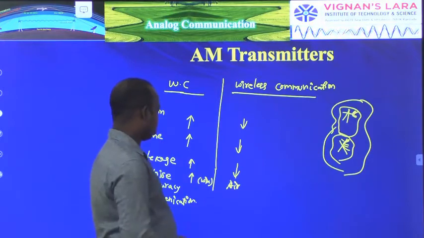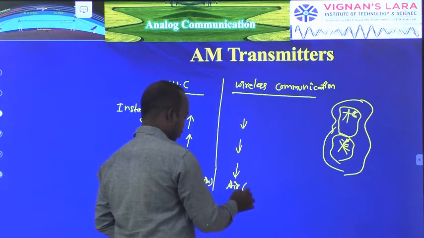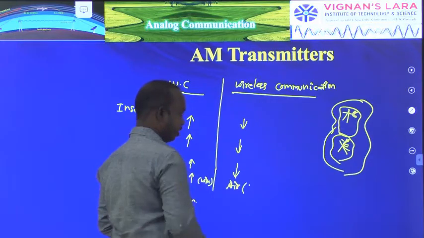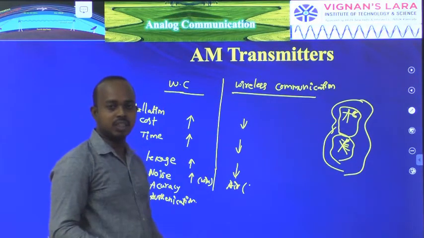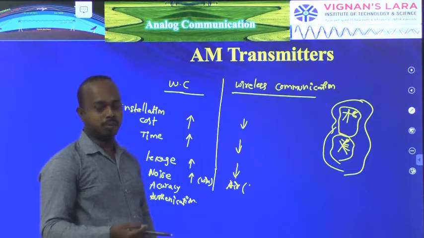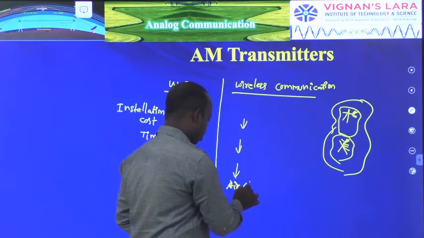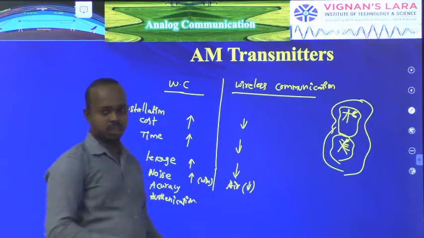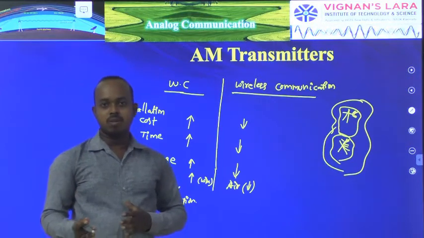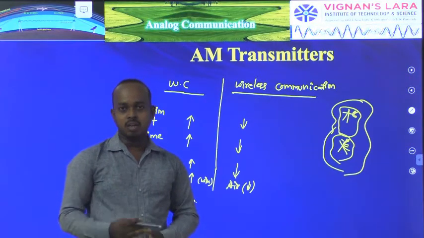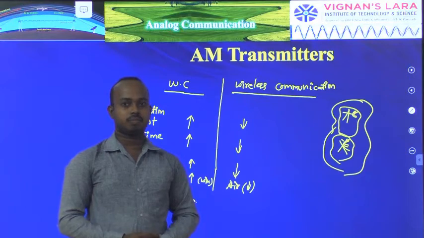That will be observed in wireless communication, but here also the noise is very high, but it will be removed by taking alternative options. That's why the noise is very less in wireless communication. By using some techniques, we can filter that noise.